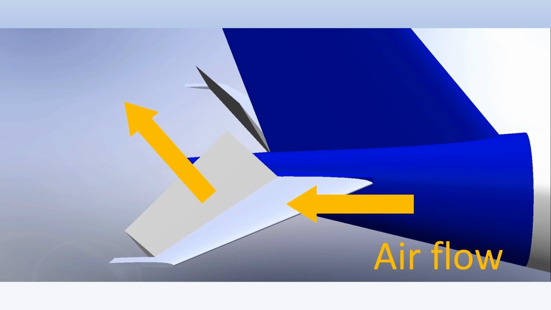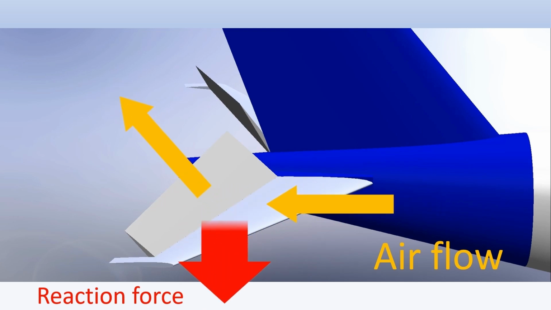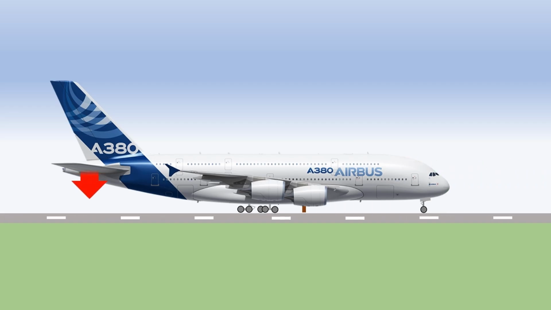When it moves up, it deflects the airflow upwards. Again, according to Newton's law, for every action, there is an equal and opposite reaction. Thus, the air that is deflected upwards will push the elevator downwards as a reaction. As a result, the aircraft will tilt like this.